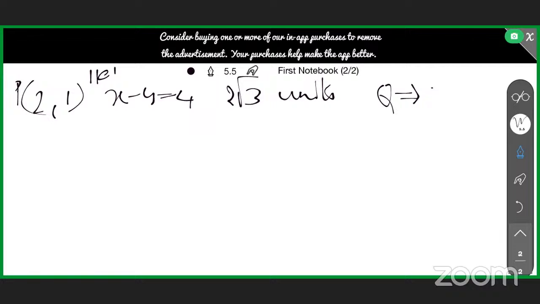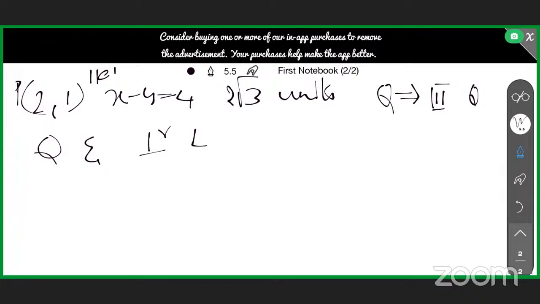Then you have to find the equation of the line passing through Q and perpendicular to the line L. I hope you understood the question. For this question, you have to find the answer.